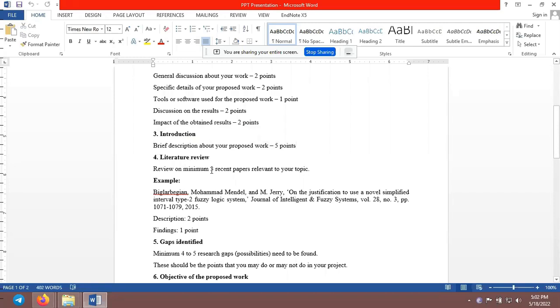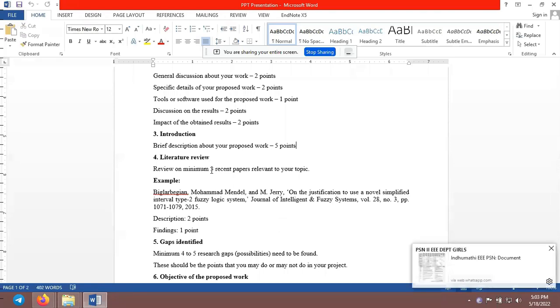And the fourth one is the literature review or literature survey. In this topic, you can make three or four recent literatures.